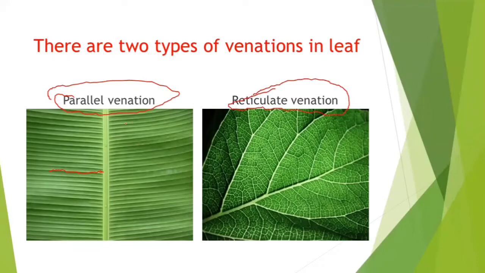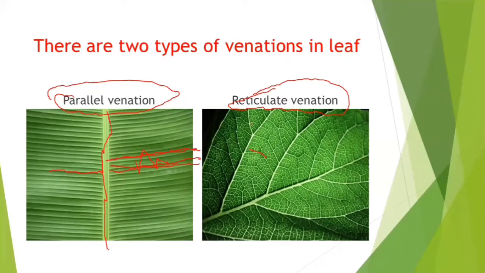In the parallel venation, this is our midrib, and then over here there are parallel veins. One, then another two, then another three. They will never meet each other, and they also don't have any lines between each other like we have in the reticulate venation. They are just attached from the midrib to the end of the leaf in straight, sloping lines.